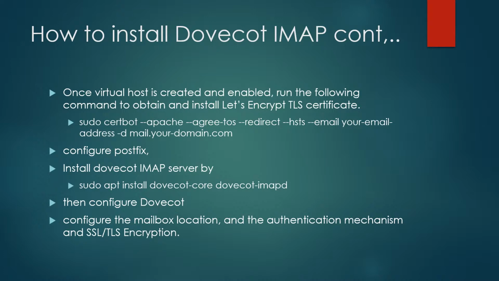Once the web root directory is created, enable the virtual host, and then reload Apache for the changes to take effect. Once the virtual host is created and enabled, run the following command to obtain and install the Let's Encrypt TLS certificate, which I provided right here underneath.